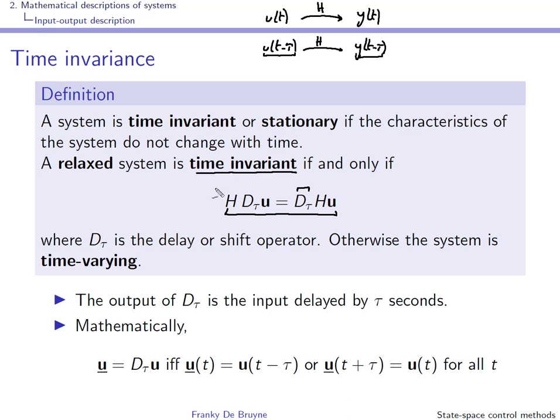In this course, we'll work with causal systems because all physical systems are causal, and we'll work with linear time invariant systems as we have described in the course of signals and systems.